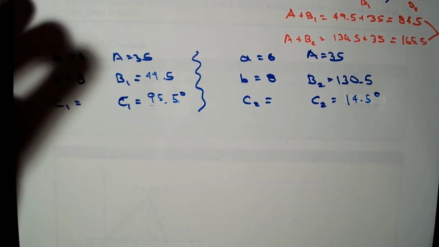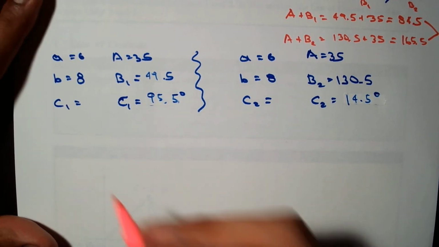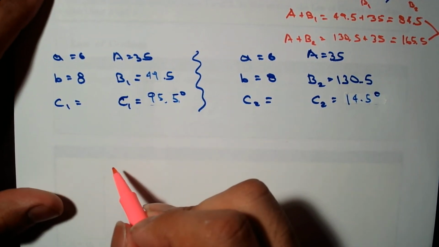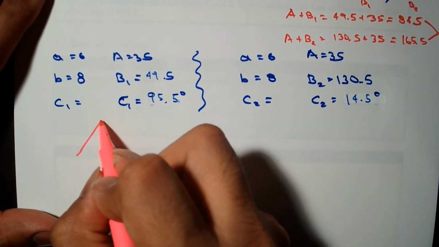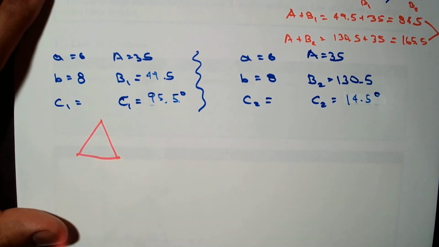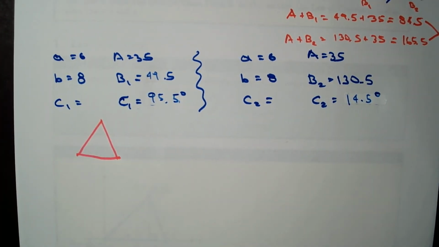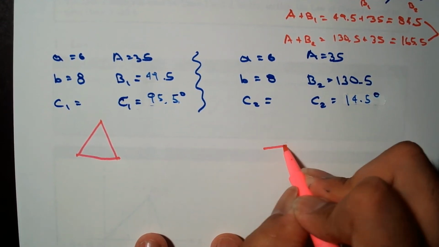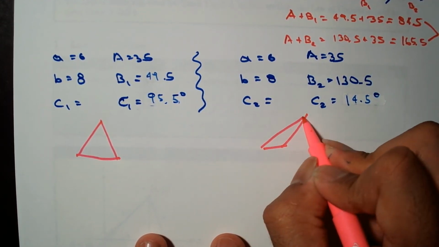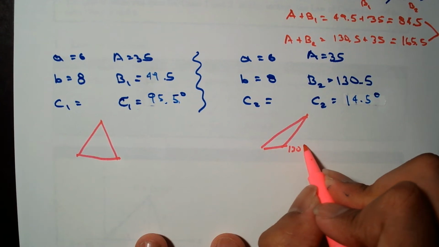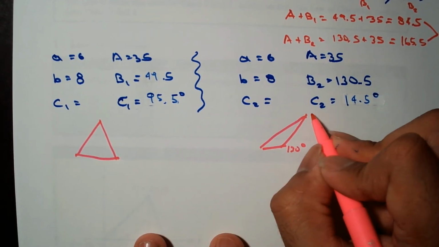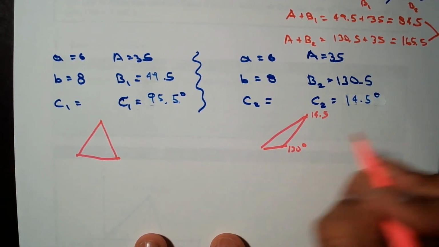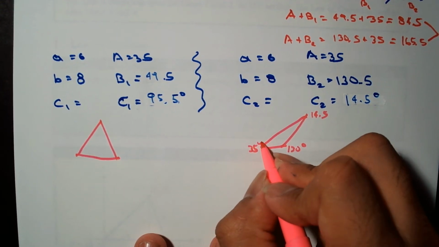On the first situation, the picture for this, well, it's a triangle like this, and on the other hand we have a situation that looks like this. There's an obtuse angle, the 130 degrees, the 14.5, and the 35 degree.